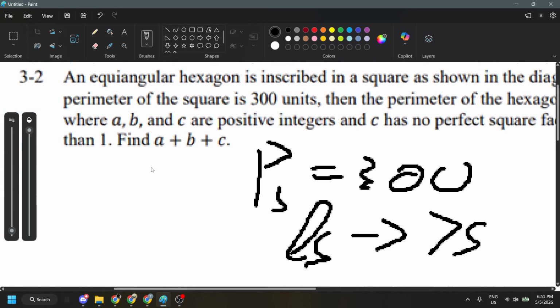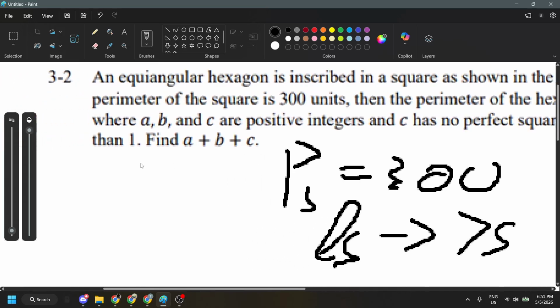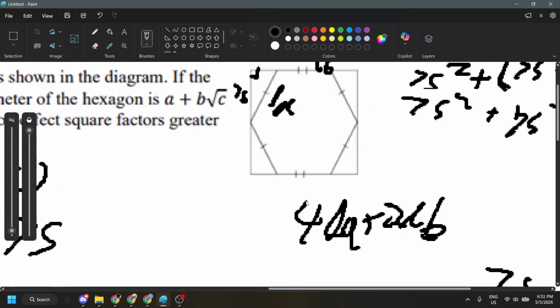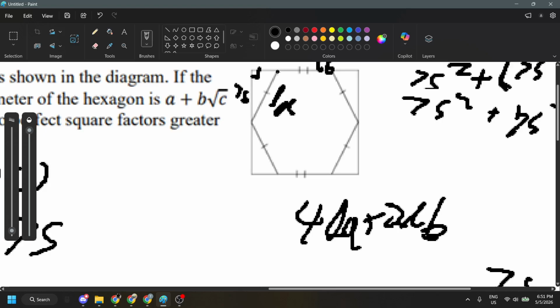Hmm. It's the same problem if we cut it in half. We're not losing any information. So I guess that would simplify a little bit. We cut it in half, can we get anything else? I mean, we see that this is a square here.